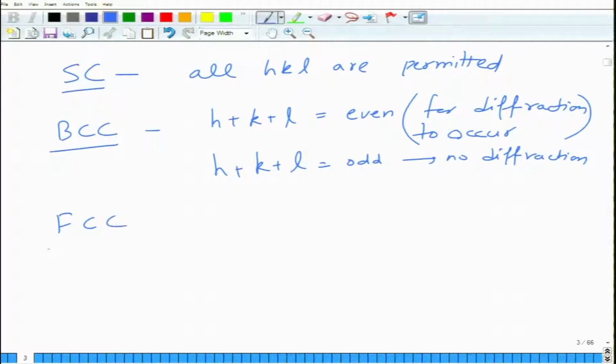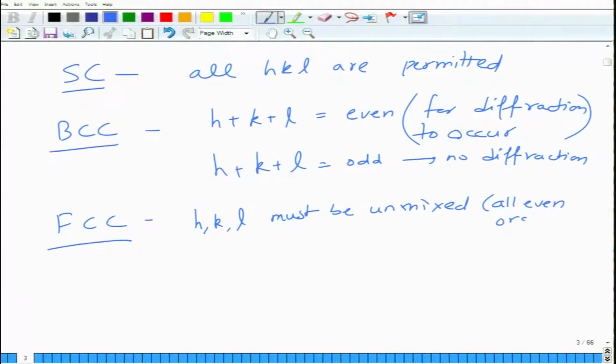And then we looked at FCC structured materials, for which diffraction occurs only if HKL are unmixed, which means all even or all odd.